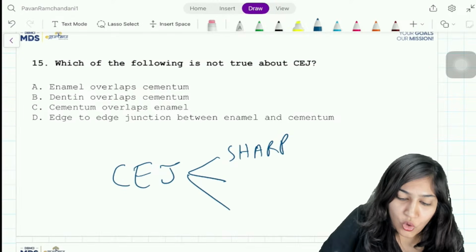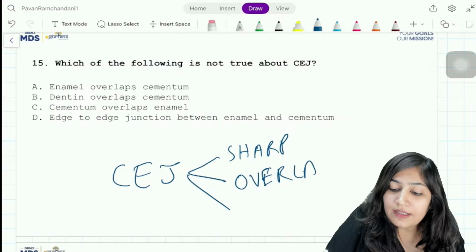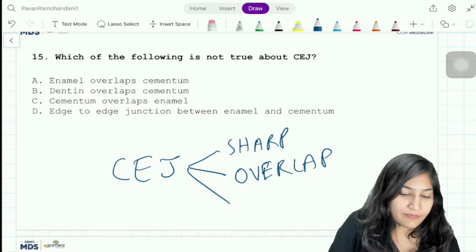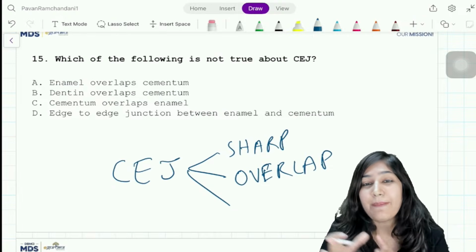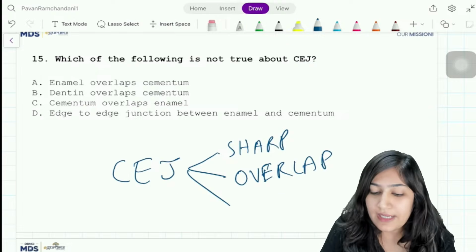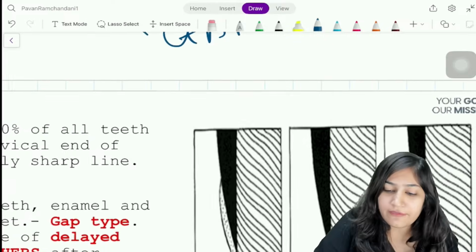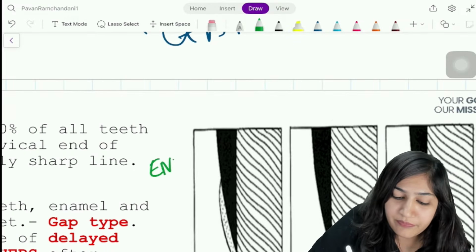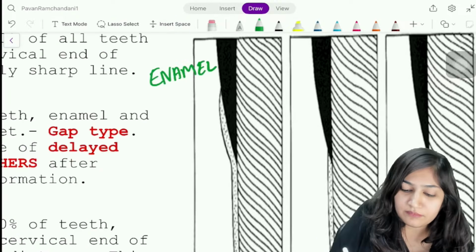Then we have overlap junction. Overlap meaning cementum overlapping enamel. And the last is gap junction, that is the gap between enamel and cementum. So in this diagram, you can easily identify the black portion is our enamel and this is our cementum.